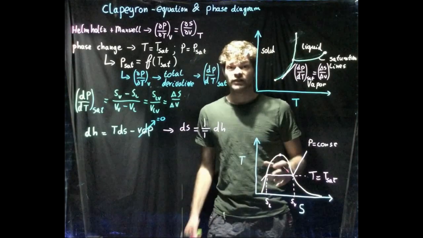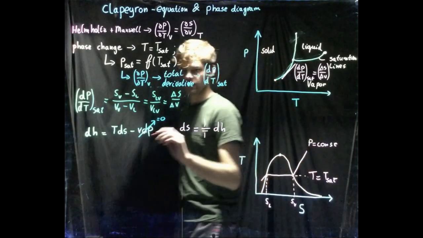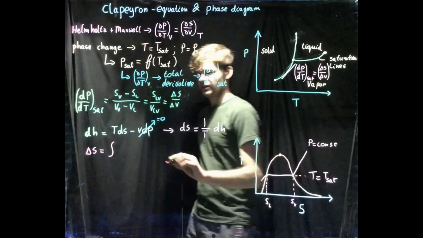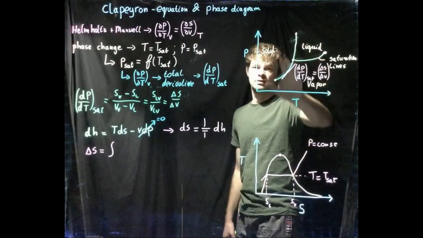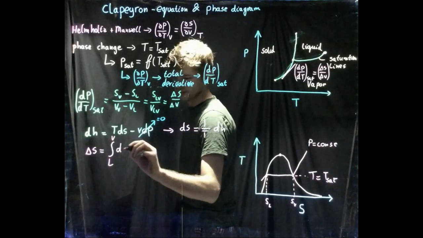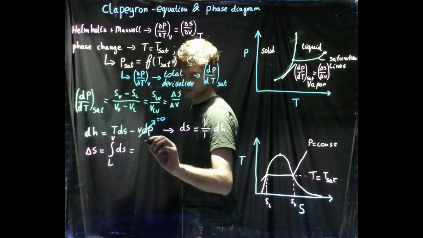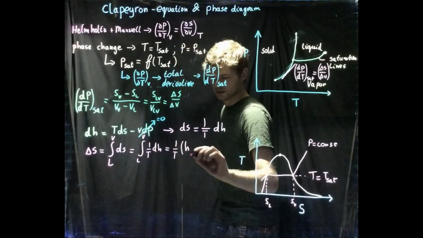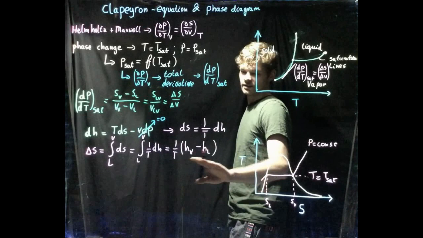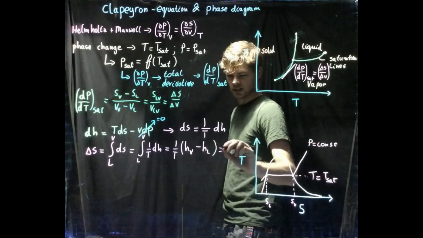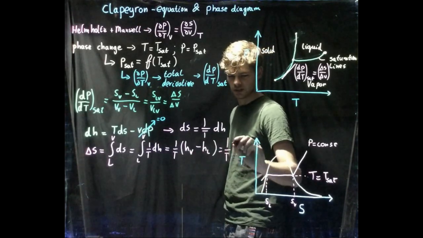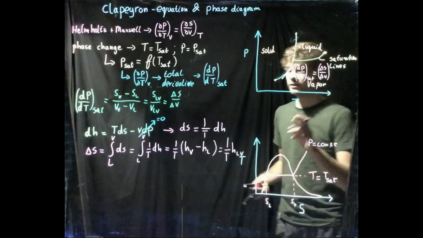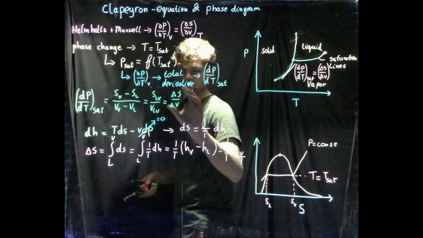But over here I've got my delta S, so it's a large difference, so I need to integrate. And of course we can write it as 1 over T times h_LV. And this is really useful because I can plug this in over here.